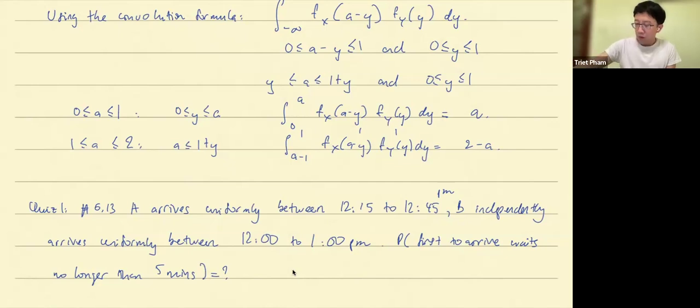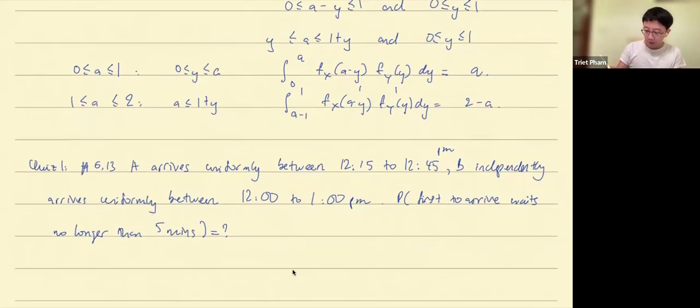So these are one of those questions where you need to formulate the question in mathematical terms. We have something like X, which is the arrival time of A, let's say, which is uniform from 15 to 45.